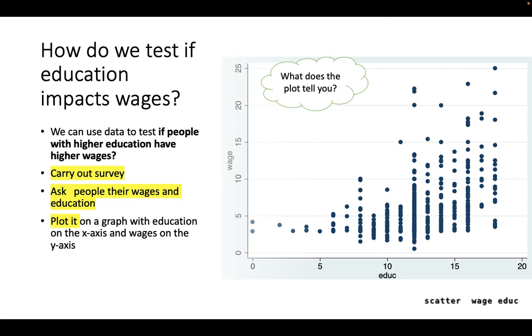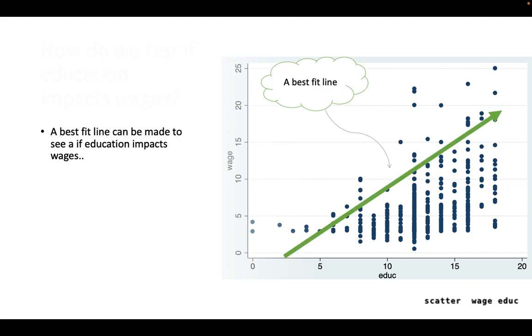When I see this plot, I feel as if people who have low education have lower wages, and as their education goes up, we see their wages going up. The best way to look at this is to draw a best fit line that cuts the data into equal halves.